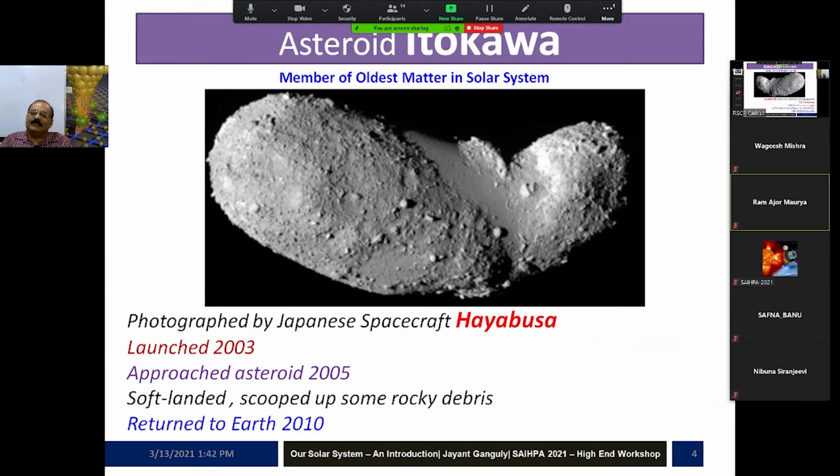So we start with an asteroid. This is a picture of the asteroid Itokawa. It was photographed by the Japanese spacecraft Hayabusa, which was launched in 2003.